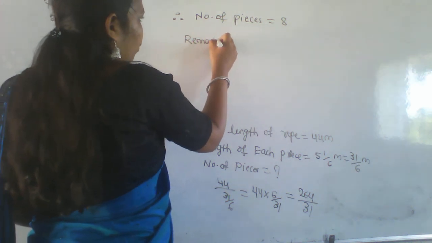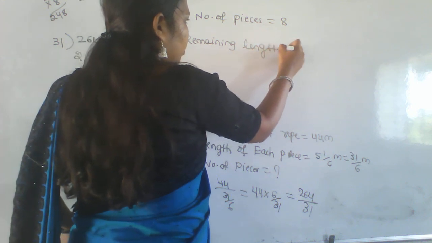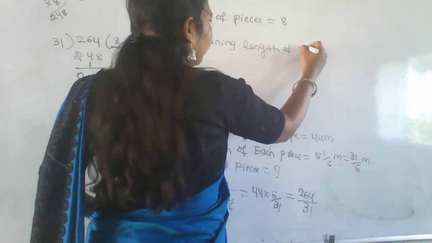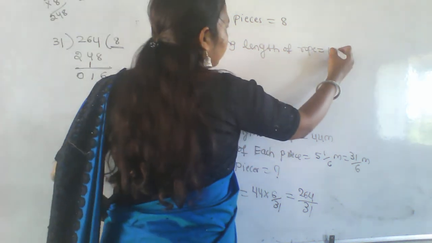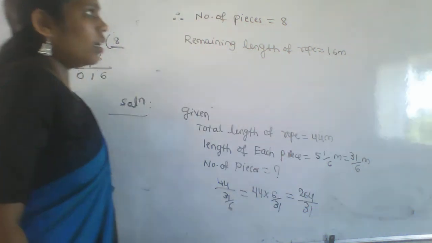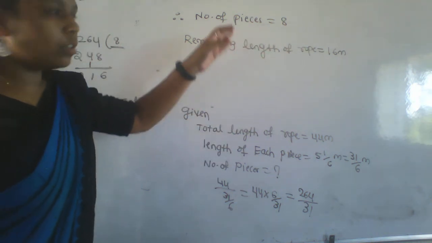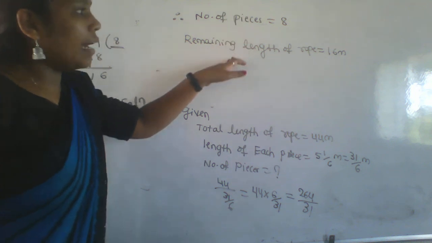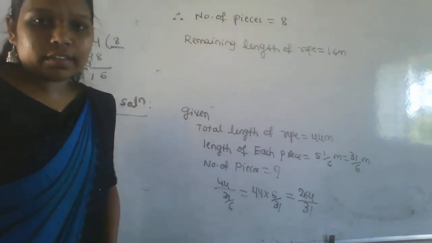Remaining length of rope is equal to 16 meter. Here don't write meter for the number of pieces. Getting everyone? The number of pieces is 8 and the remaining length of the rope is 16 meter.